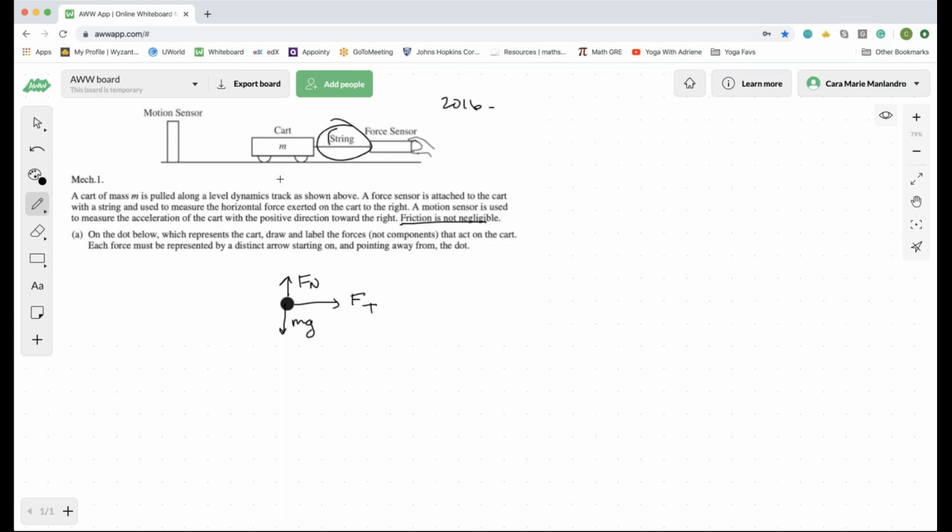Now, if we had, oh, friction is not negligible. Okay, so then friction would be opposite the direction of motion. Any questions so far? All right, and then quantitatively, Fn should be equal to mg, and your force of tension should be greater than the force of friction. All right, great.